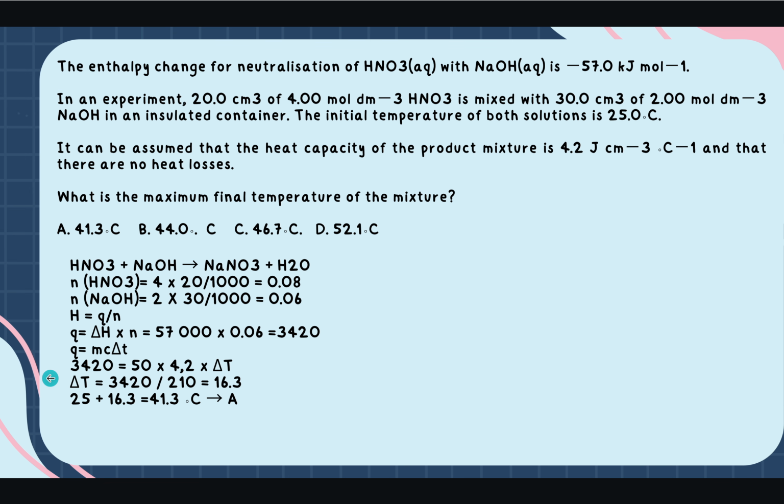We know that Q equals mc delta T. To find the delta T, we insert this data in the equation and do some calculations, and we get that the delta T is 16.3. The final temperature is the initial temperature plus delta T. Why plus?